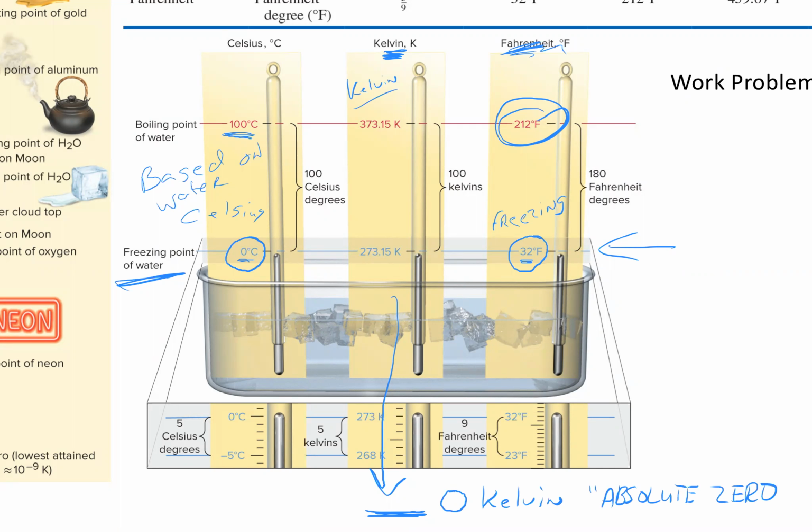Now we've actually in the lab not ever reached the absolute zero temperature, but gotten pretty close, on the order of 10 to the minus 8, 10 to the minus 9 Kelvin has been achieved, so pretty darn close, okay, but we haven't got exactly to absolute zero, because at that temperature, it's believed that all molecular and atomic motion would cease. The material would have no thermal energy associated with it, okay?